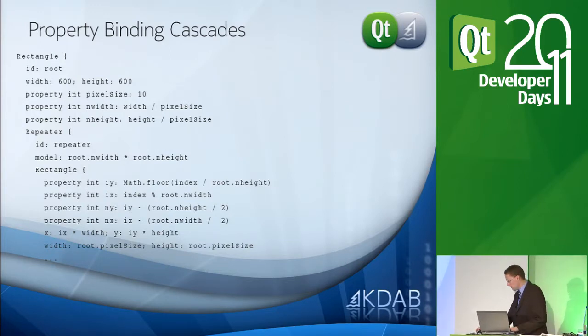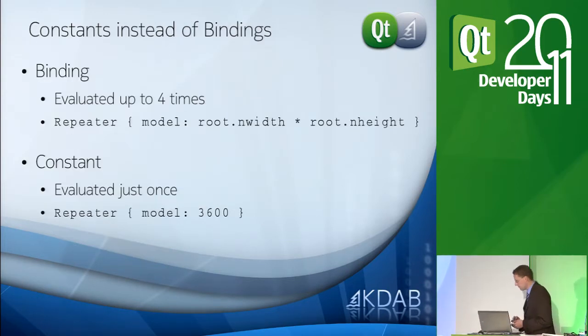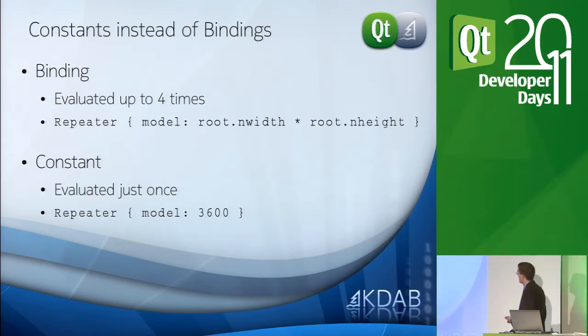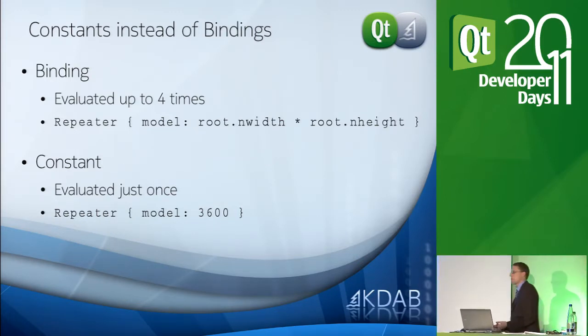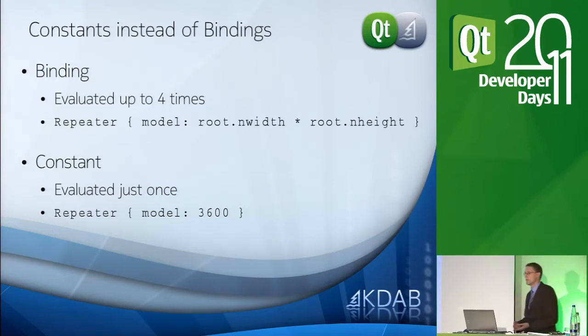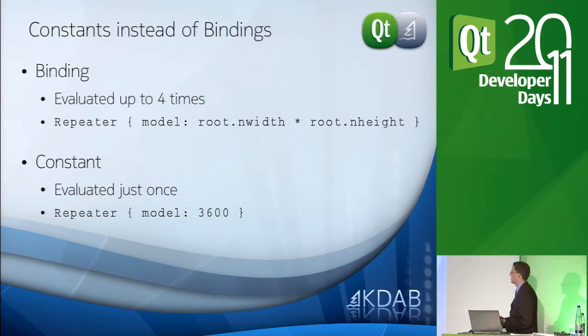Let's see if we can reduce that further. Even up to 4 times, OK. Obviously, we only want it evaluated once, right? Because the operation is so expensive. Anything that would trigger it more than once is not acceptable.